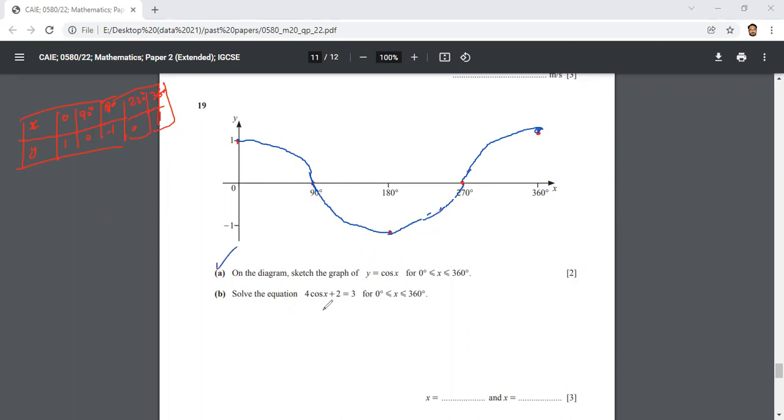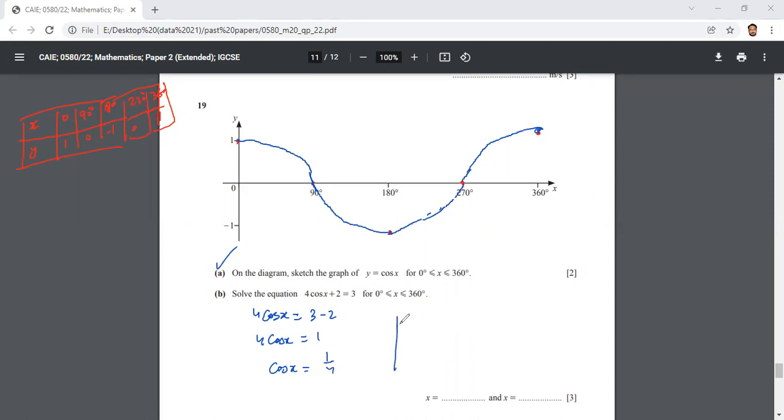And then solve the equation 4 cos x plus 2 equals 3. If we simplify, 4 cos x equals 3 minus 2, which is 1. So cos x equals 1 over 4.